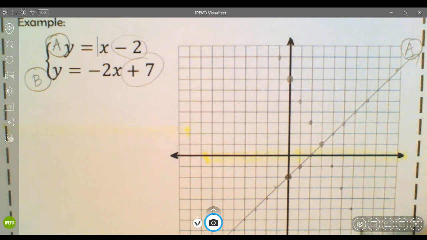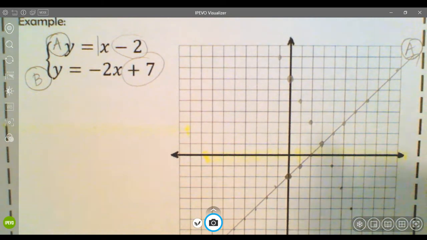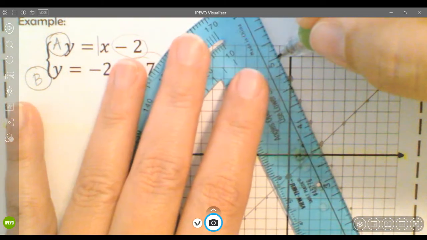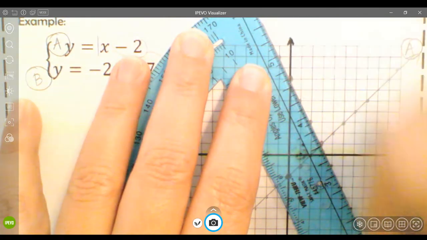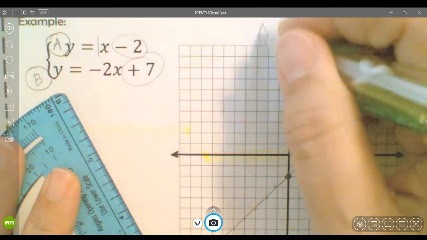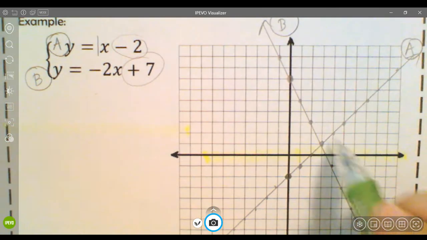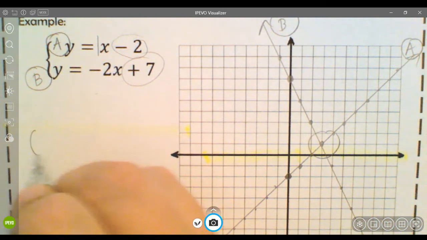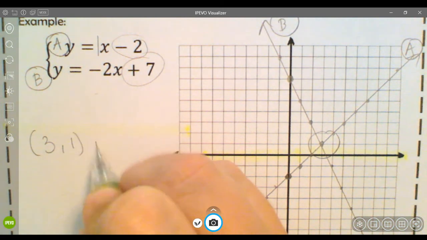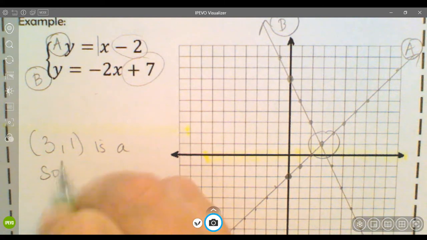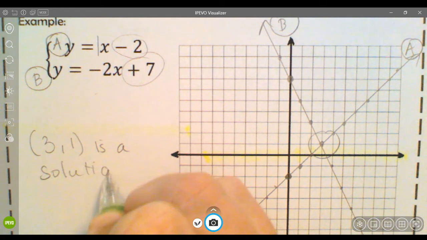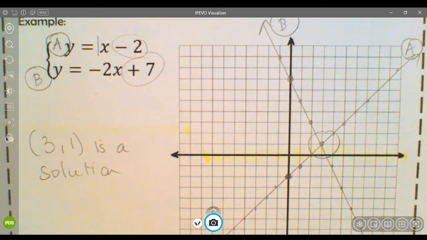I graphed these two lines, and I noticed that there was an intersection point. This is equation B, right here. So it looks like 3, 1 is a solution to that system. And I can always check it, which I'm going to ask you to do.